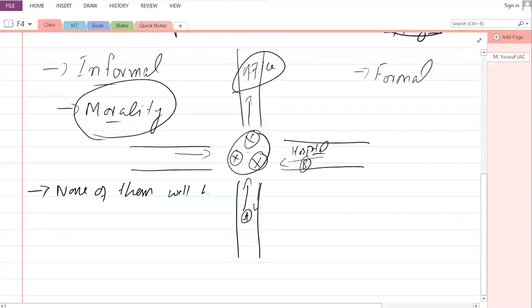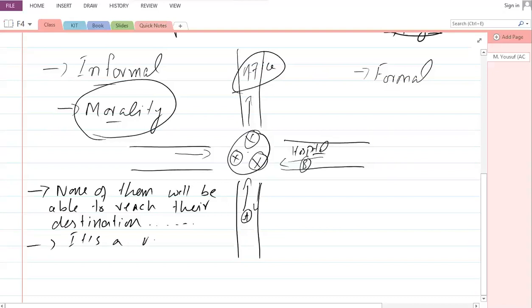It's a violation of their rights because Mr. A had the right to go to his office.